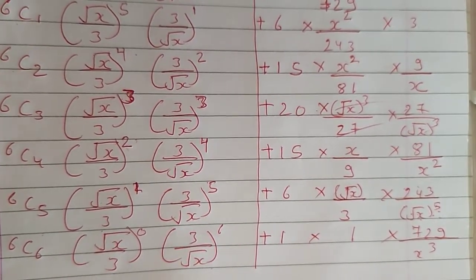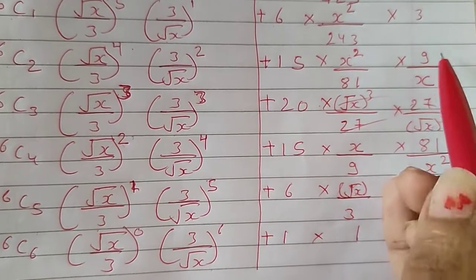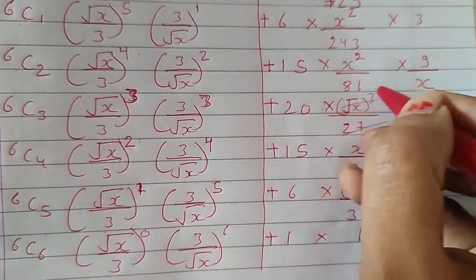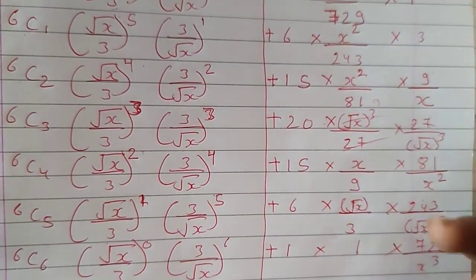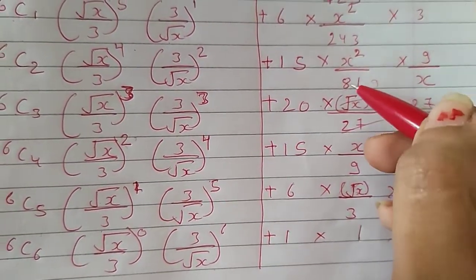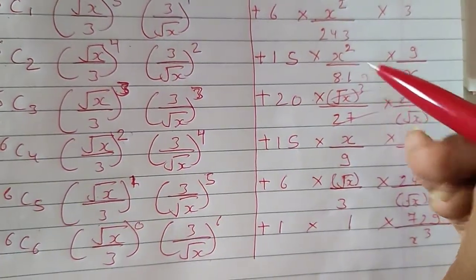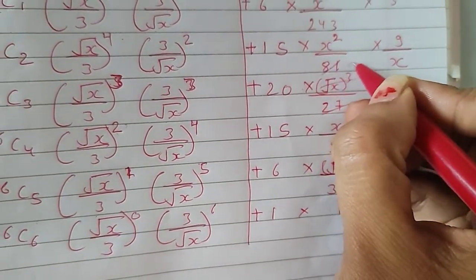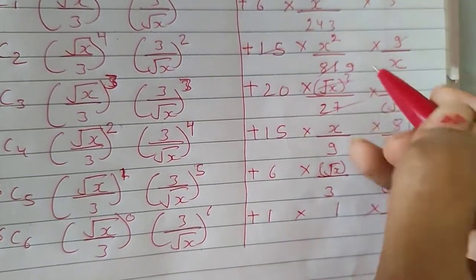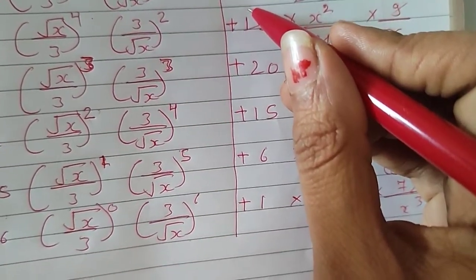2x square upon 27 plus, now here 9 and 9 will get cancelled, 9 and 81. Then this x and x will get cancelled. Then 3, 9 and 3 5s are 15.